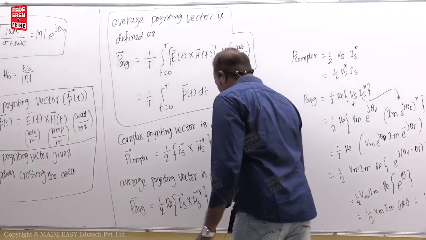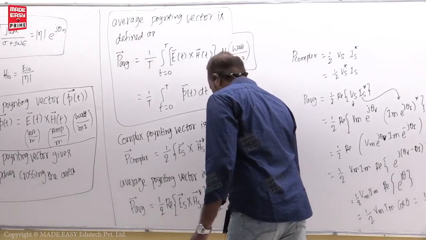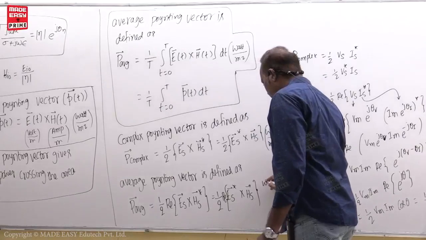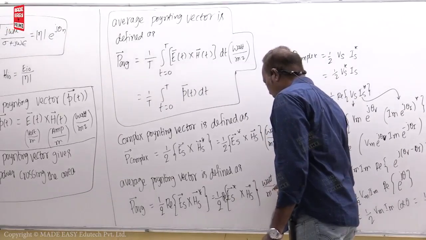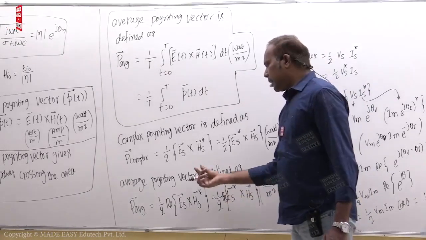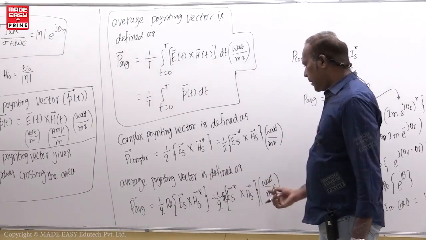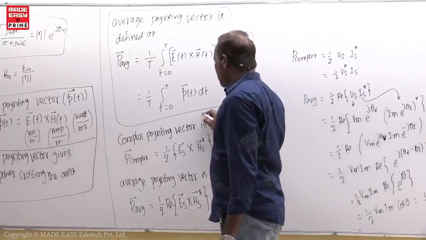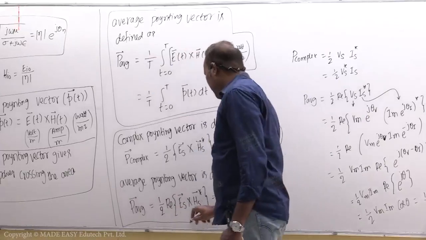Of course, you have to put real part, students. And the unit is watt per meter square. So in above equations, if you take real part, that gives average Poynting vector, and unit is watt per meter square. So these formulas also you have to remember.